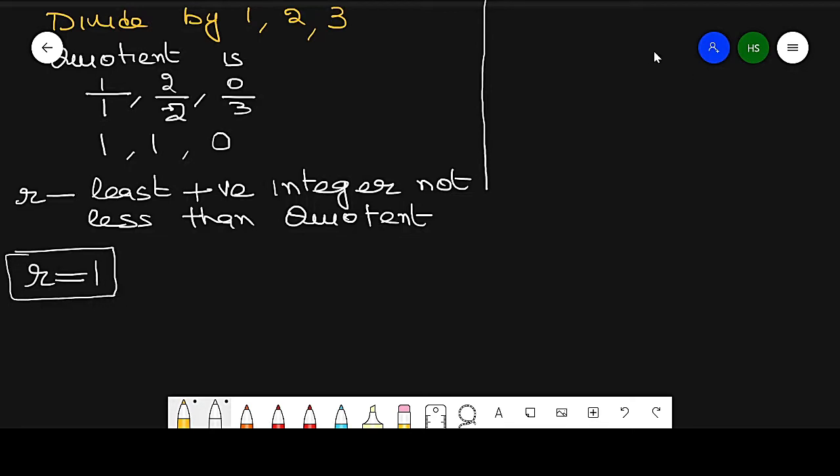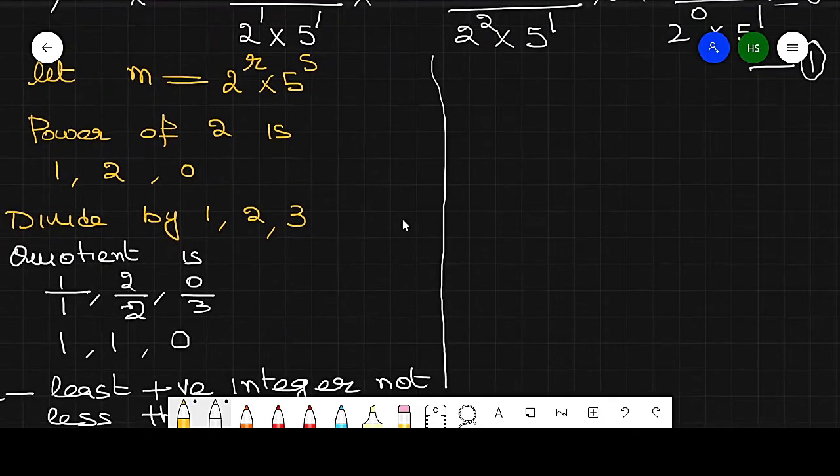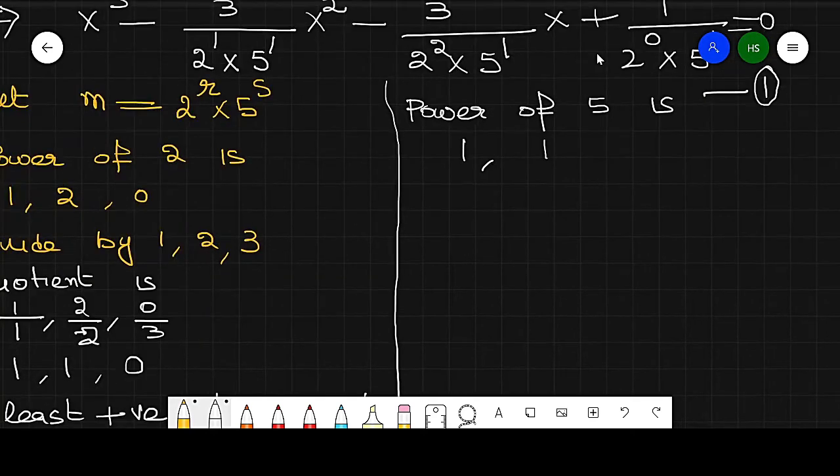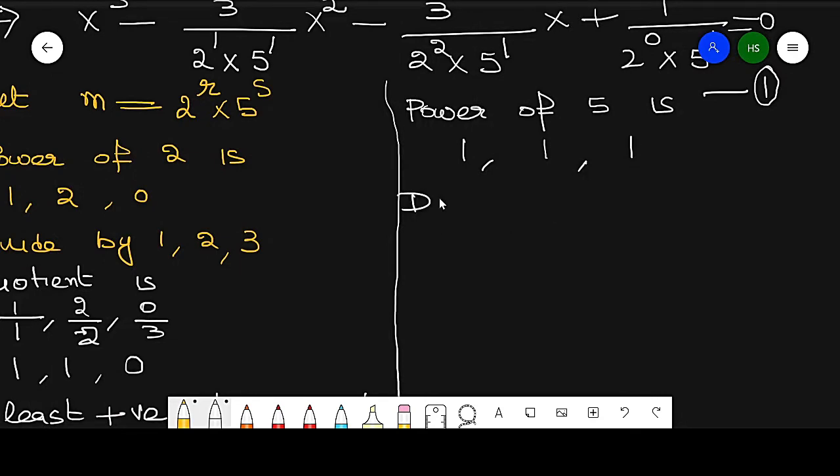Now in the case of 5, the powers of 5 are 1, 1 and 1. All the powers are 1. Now divide by 1, 2 and 3 respectively.